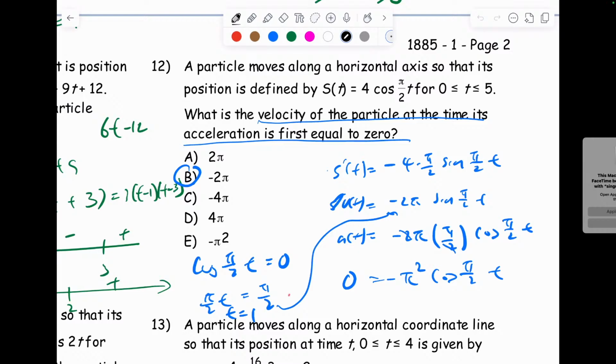There's a chain rule involved. This is the first derivative, this is the outside function, there's an inner function there. So if you take the derivative of 4 cosine pi over 2t, it's going to be negative 4 times pi over 2 times sine of pi over 2t, because there's a chain rule involved.